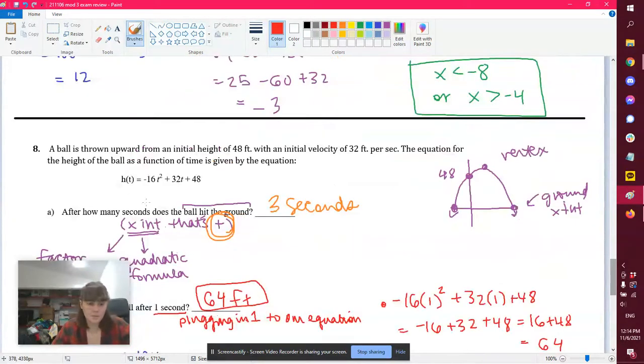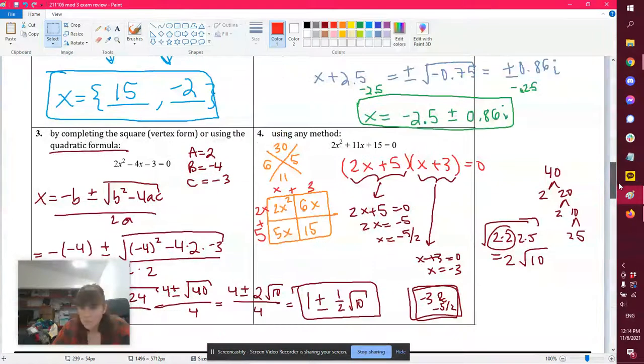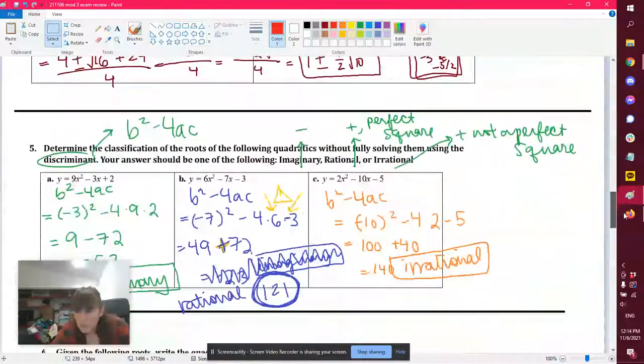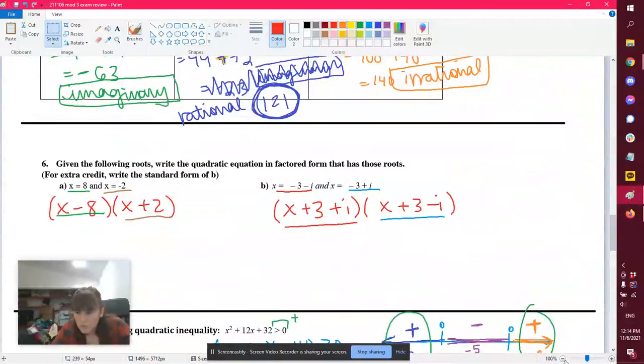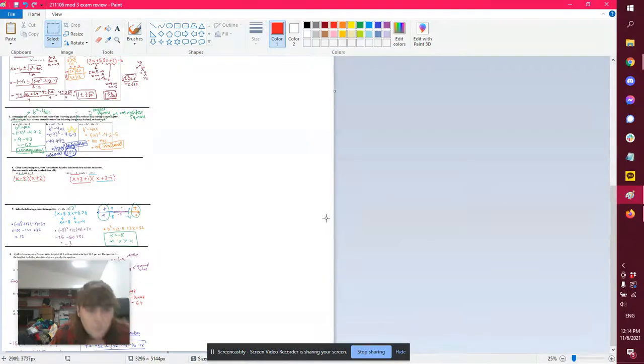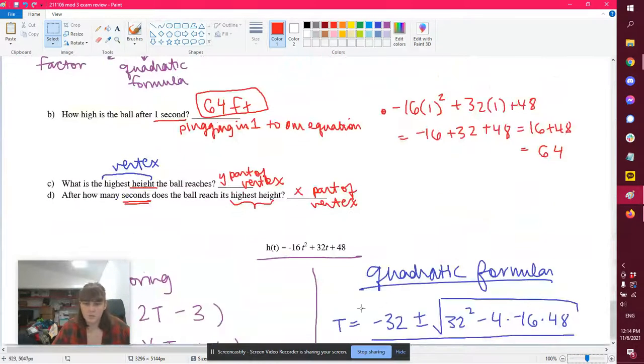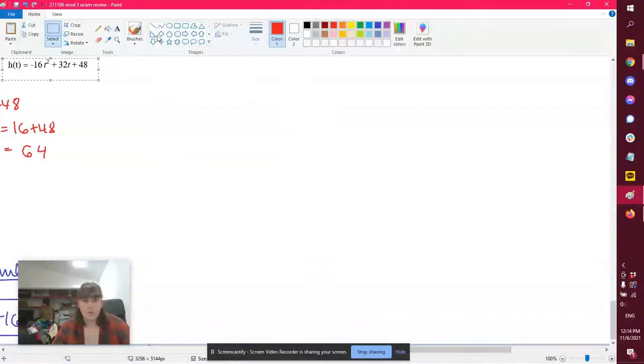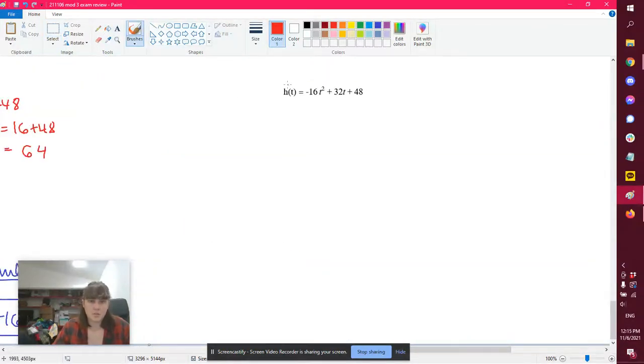In order to find the vertex of this, we can put it into vertex form.